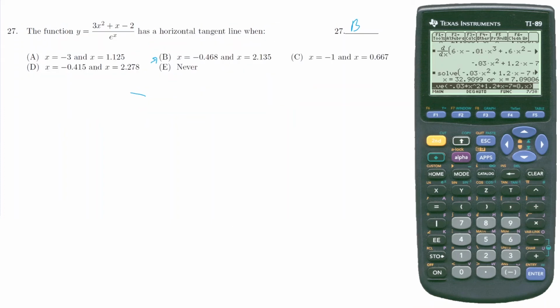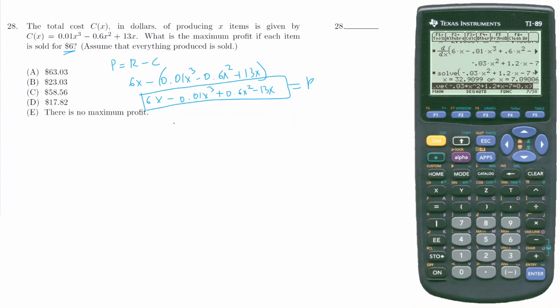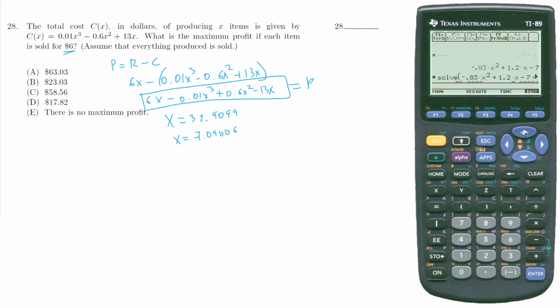So we got x equal to 32.9099 or x equal to 7.09006. One of those is the maximum, one of those is the minimum. I literally don't have time. So what I'll do is I will just plug both in and see which one is higher.